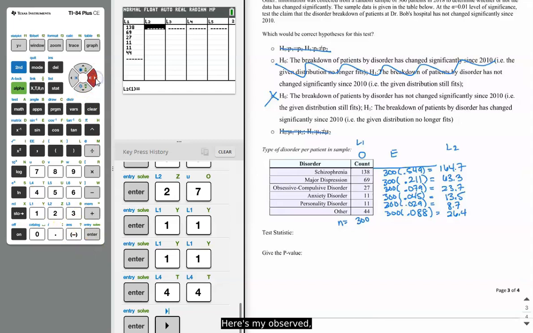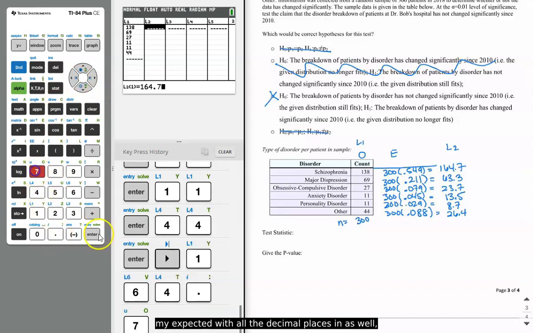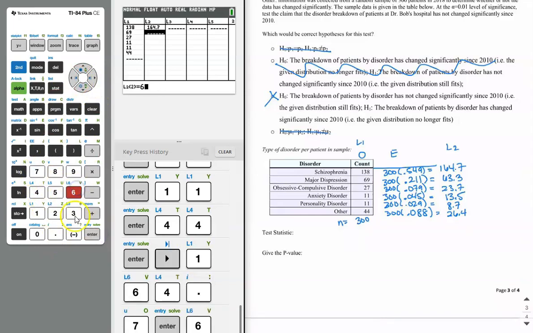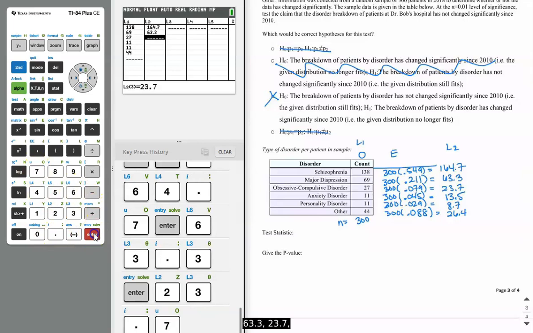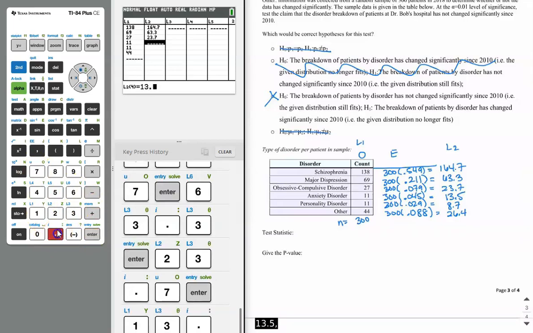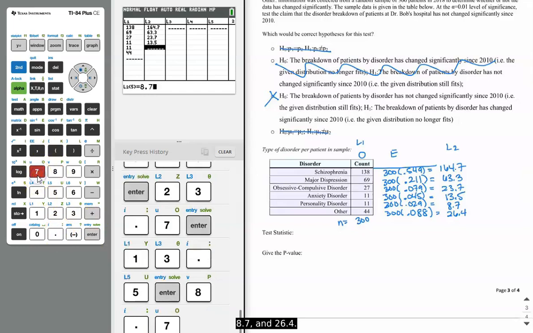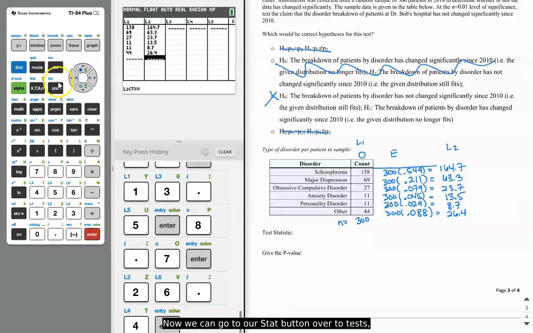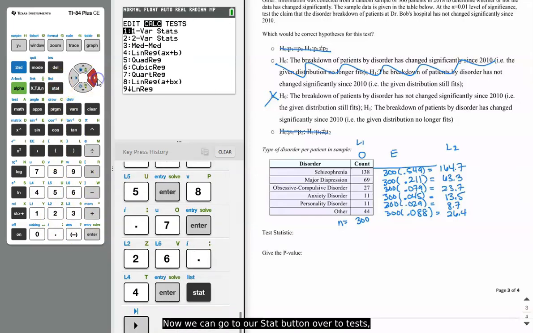So here's my observed, my expected, with all of the decimal places in as well. 63.3, 23.7, 13.5, 8.7, and 26.4. Okay. All right, so now we can go to our stat button over to tests.